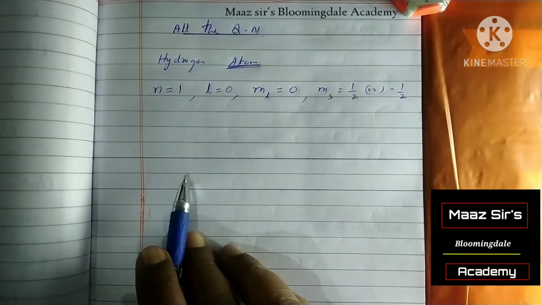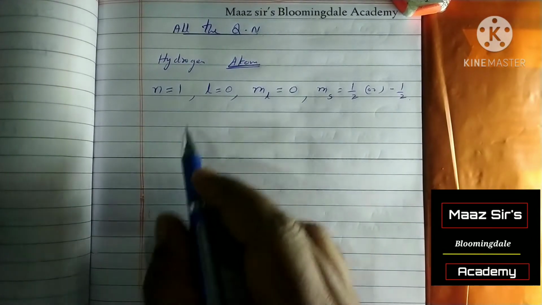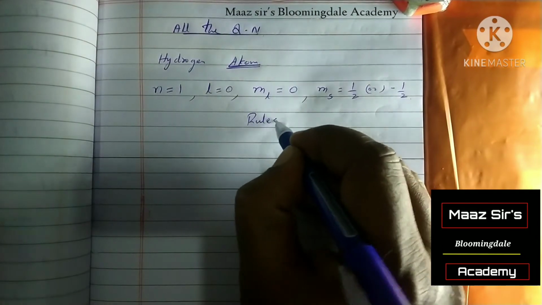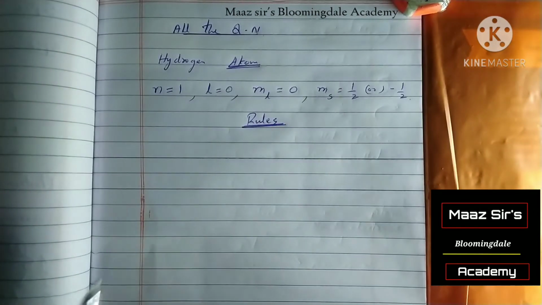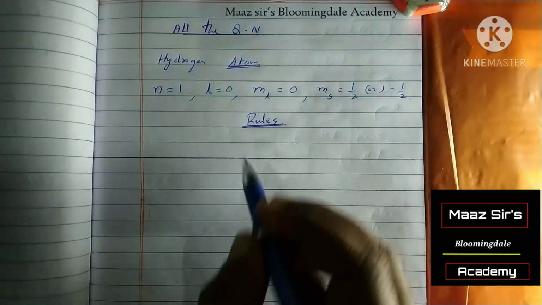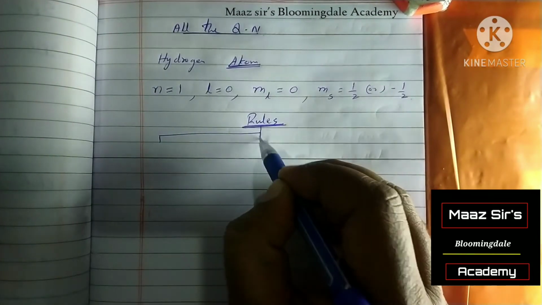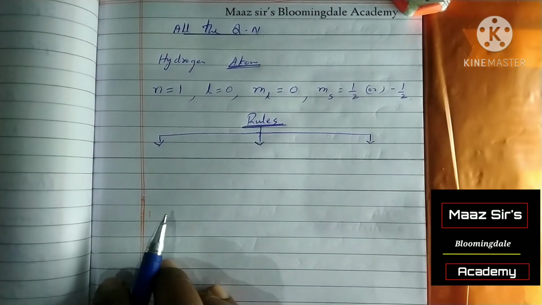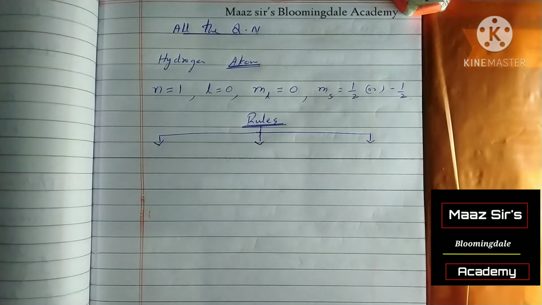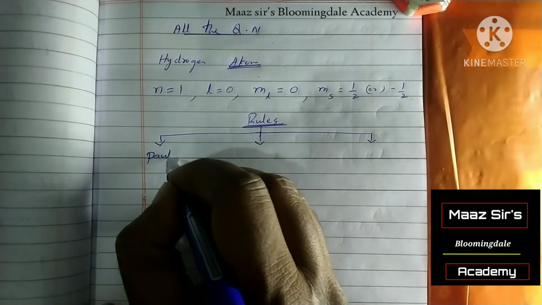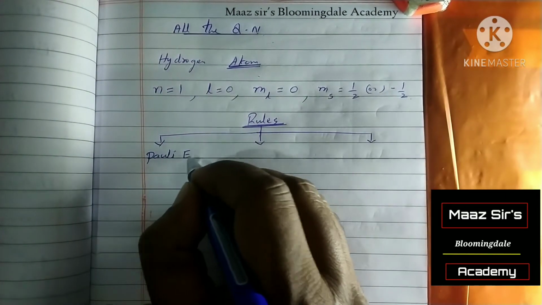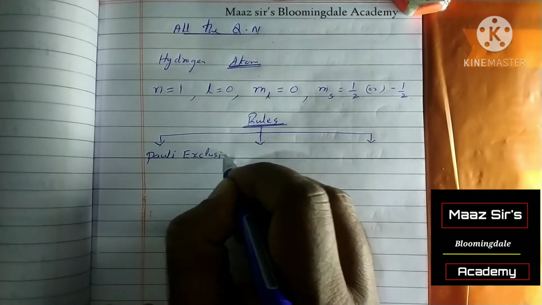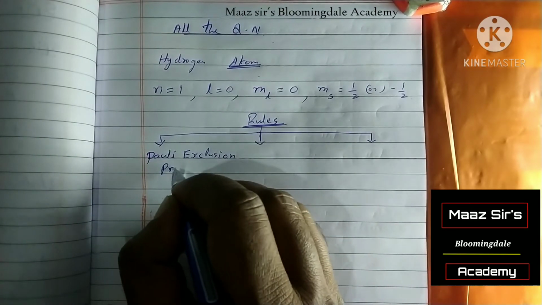For writing these quantum numbers also, we have to follow some rules and regulations. Basically we have three rules for writing the electronic configuration. Now let us see what are the three rules. First one is Pauli exclusion principle.